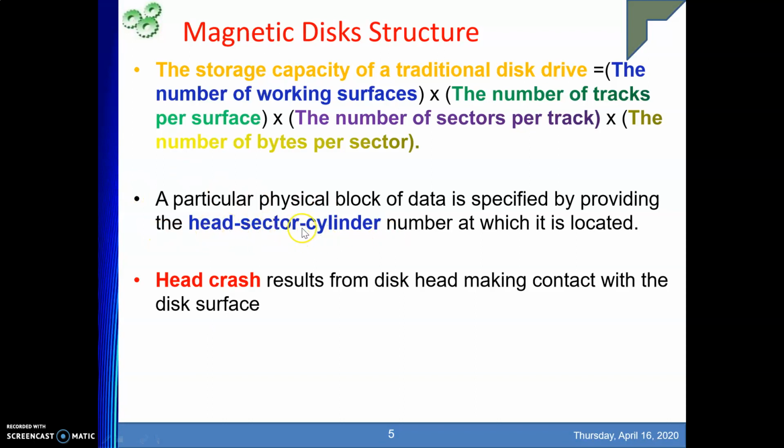So head, sector, cylinder, all these three pieces of information are required to get the address of the data block on our disk. And a head crash results from the head making contact with the disk surface. If our head makes contact with the surface, then a head crash occurs.